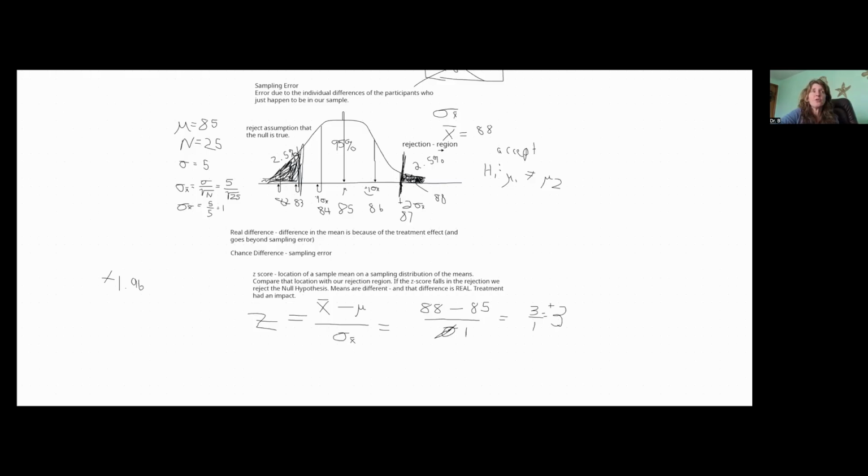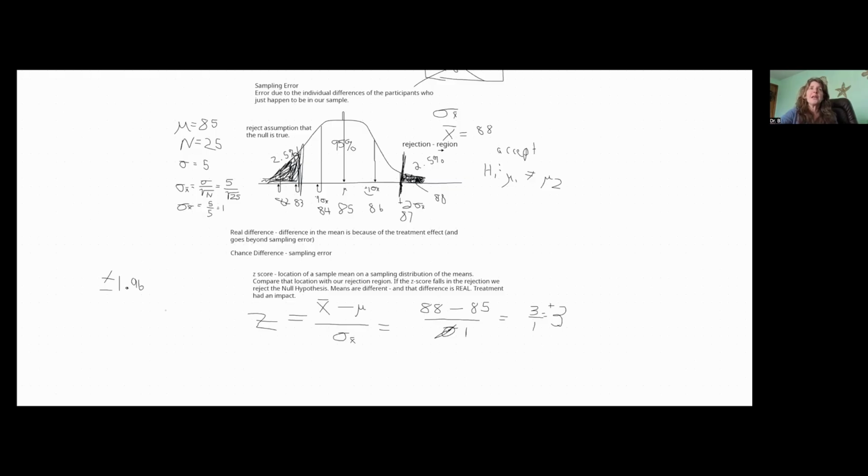You can go look it up in your standard normal distribution. So it's not exactly 2. It's a little bit below 2 where our actual rejection region starts.